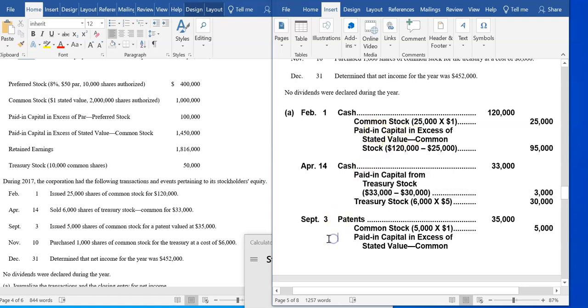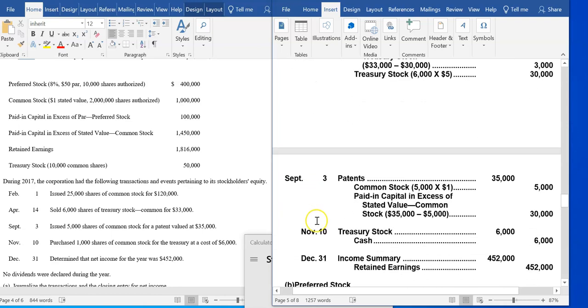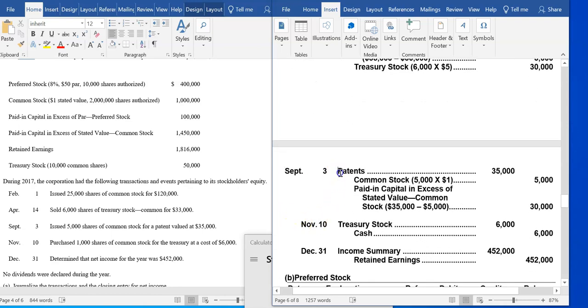Okay. All right, on September 3rd, issued 5,000 shares of common stock for a patent. The patent is valued at $35,000. So let me get this all into one page. Similar to issuing stock for land or issuing stock for organizational expenses, here we issued stock for a patent.